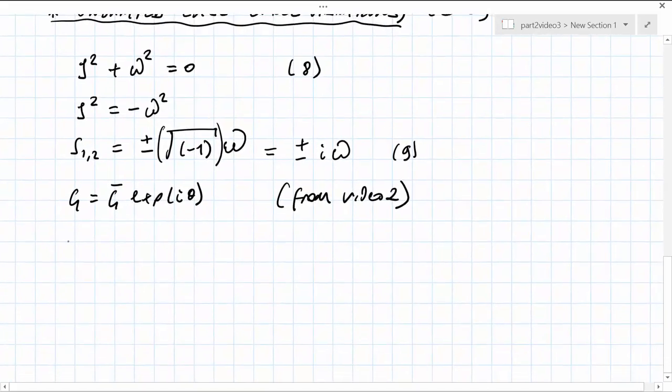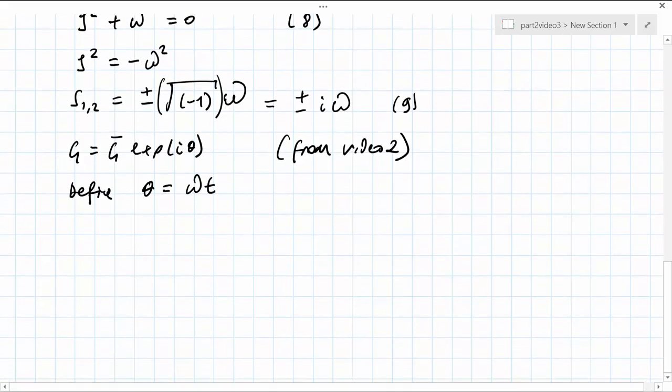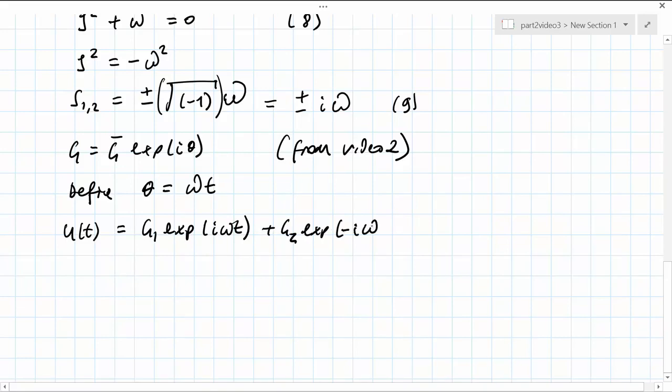If we now define theta as being equal to omega t, and we note that we are seeking two solutions, then we can say that u(t) is equal to G1 times the exponential function i omega t plus G2 times the exponential function minus i omega t.